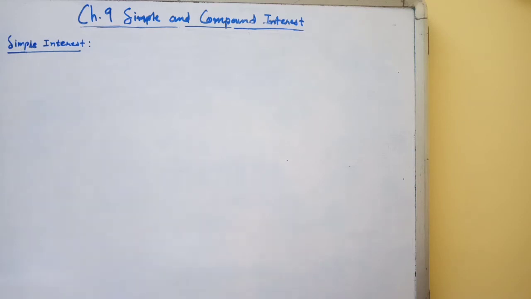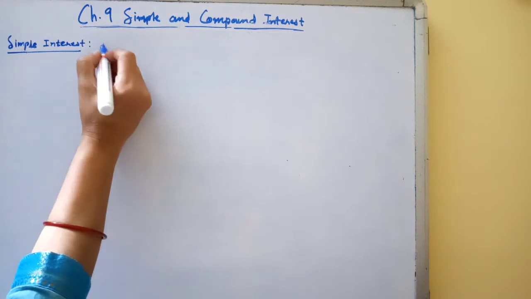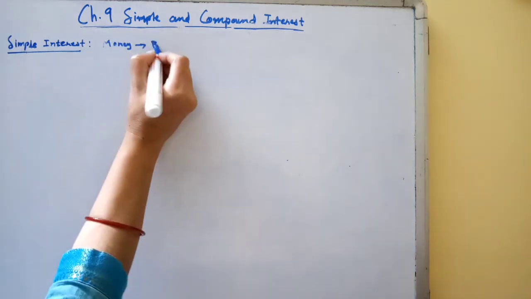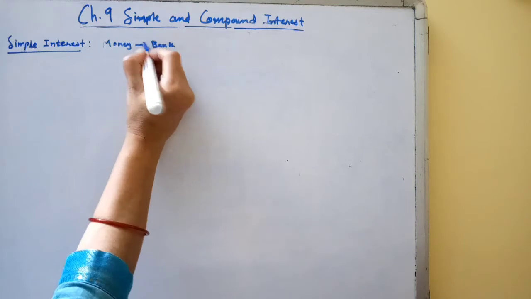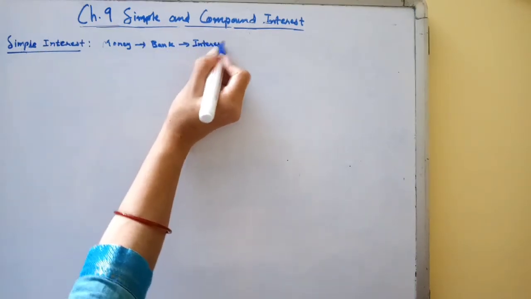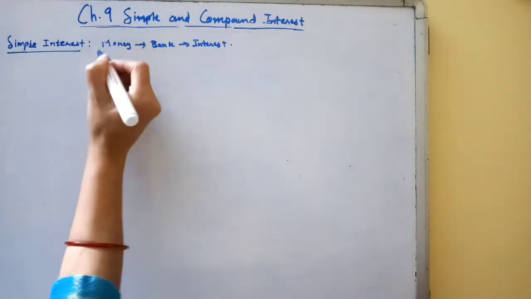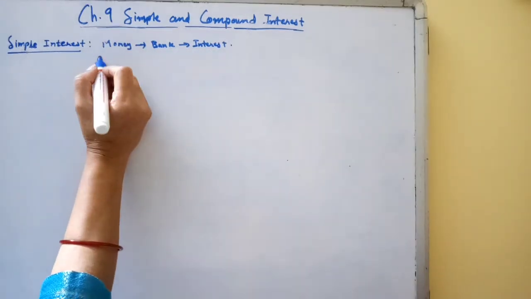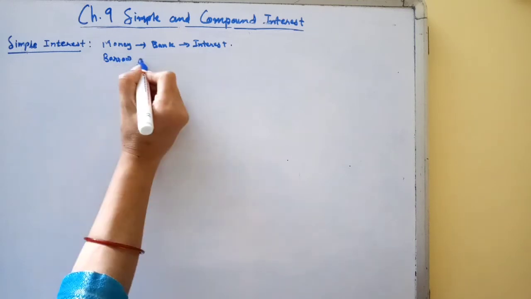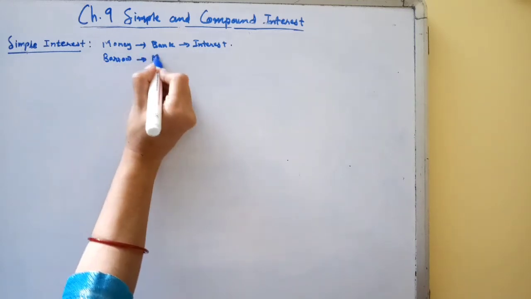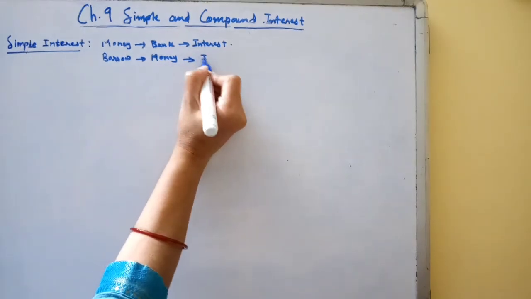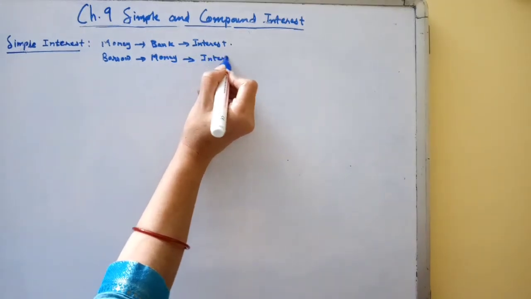As you know, when we deposit money in a bank, the bank gives us interest on the deposited money. Same as when we borrow some money from someone else or a bank, then we will have to pay interest on that money.